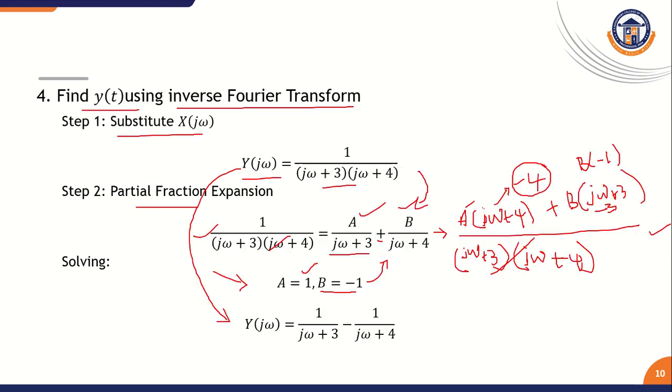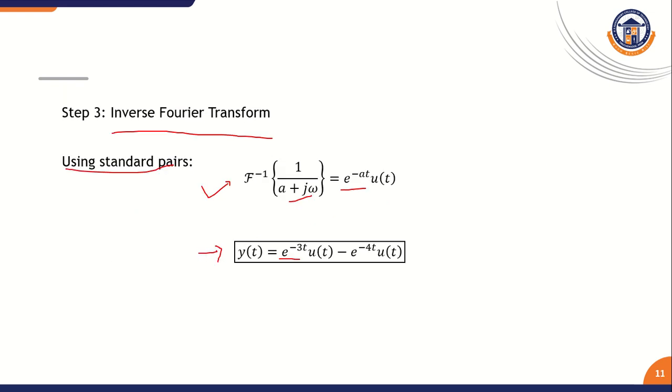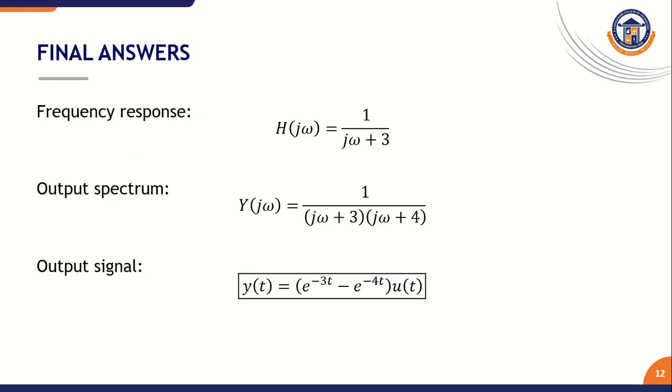Then the term minus 1 divided by j omega plus 4 is written as minus e power minus 4t into u of t. This is the output response of the given system. So through this concept, we can simplify the output response of the system.